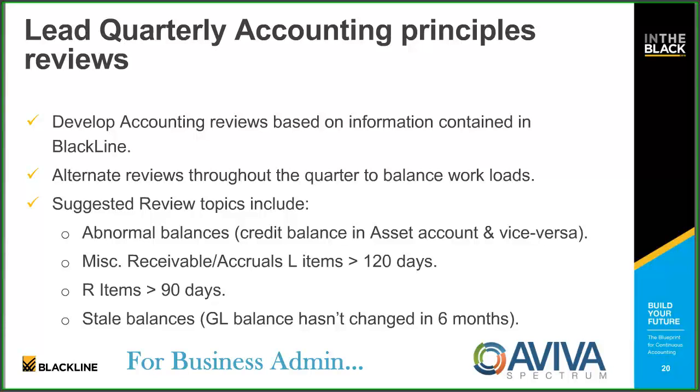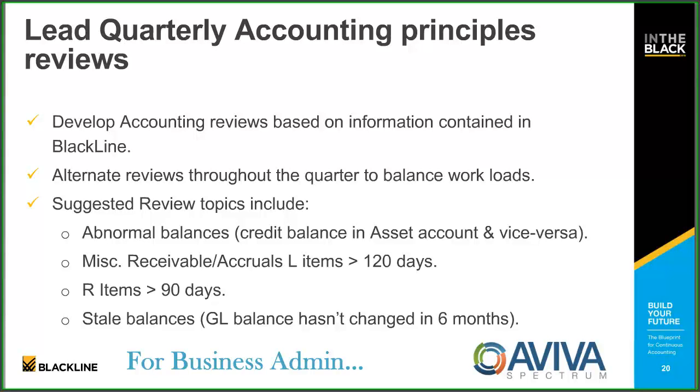Stale balances is another one. Why aren't balances changing, maybe over a 6-month period? When we start to define components of a GL balance, we have many times L items or T items that are aged. And so you could run a report of your L or T items for a certain range of accounts.